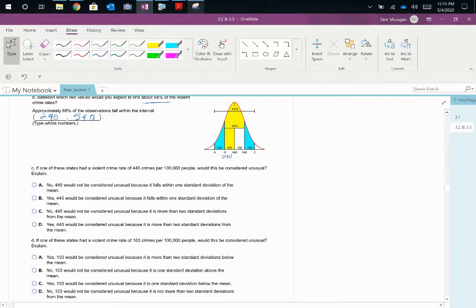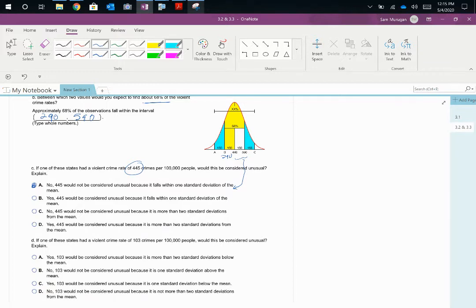Clearly, it would not be considered unusual because it's within 1 standard deviation. One standard deviation is between 440 to 590, and 445 falls between 440 and 590, so it would not be considered unusual because it falls within 1 standard deviation.